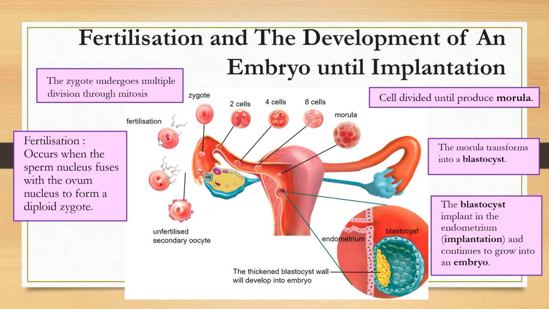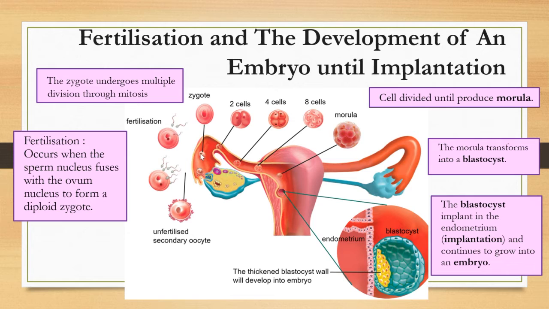So now the zygote is already diploid. Before that, the secondary oocyte or the ovum is haploid, and the sperm is also haploid. When they fuse together, they form a diploid zygote. And then what happens to the zygote?